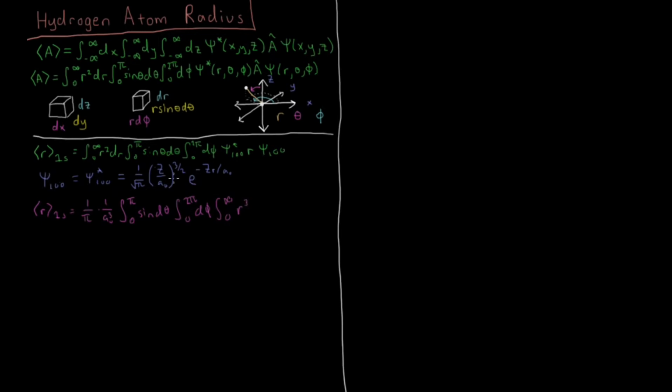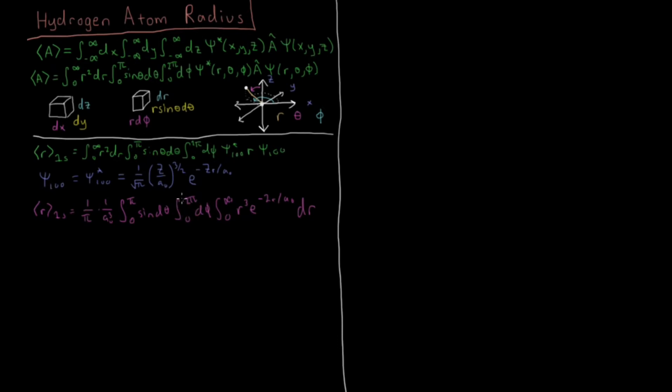And this psi squared is going to go from e to the minus Zr over a naught, and Z is 1, so e to the minus r over a naught, squaring that is e to the minus 2r over a naught dr.